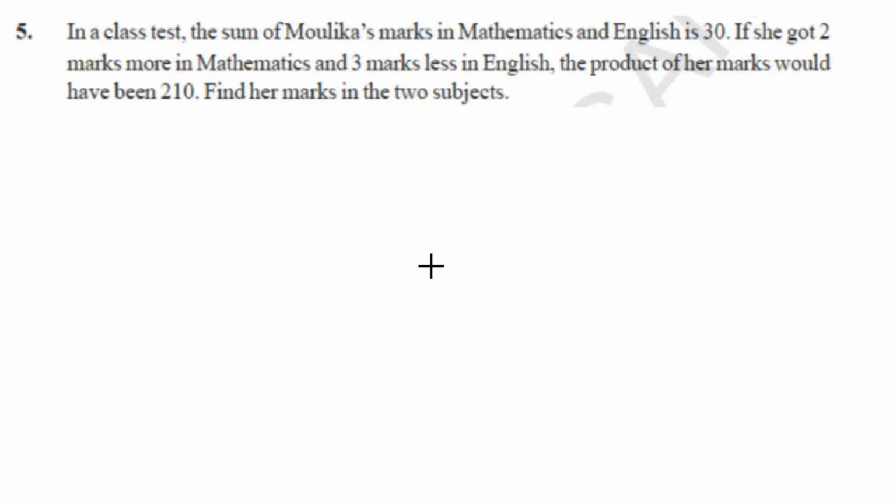Here we don't know what her exact marks in mathematics and English are. So let us assume the marks obtained by Moulika in mathematics with a variable, or we can also assume the marks obtained by Moulika in English with variables.